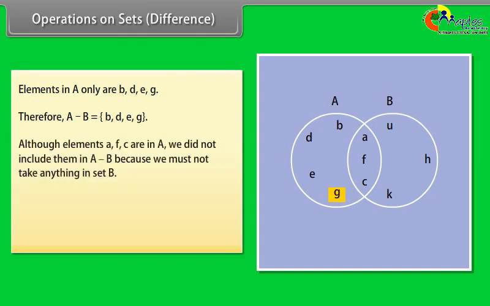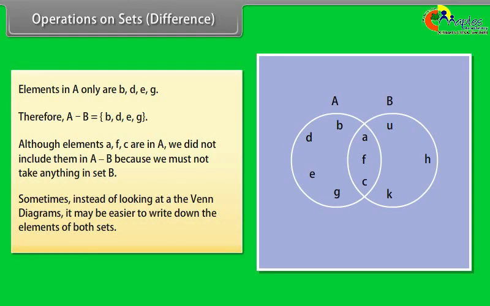Notice that although elements A, F, C are in A, we did not include them in A minus B because we must not take anything in set B. Sometimes, instead of looking at the Venn diagrams, it may be easier to write down the elements of both sets.